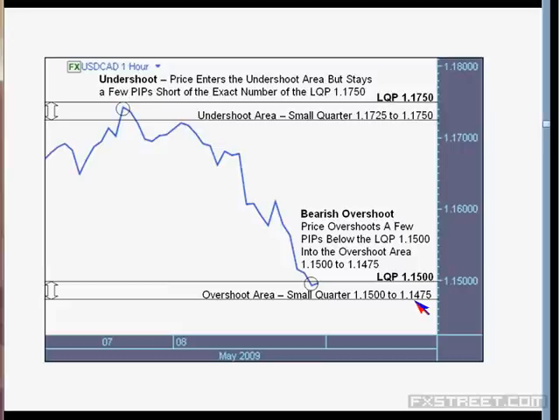Well, this is one of those rules that I created with my quarters theory: if prices surpass the targeted large quarter point or support or resistance level and they overshoot it by up to 25 pips, I still do not consider that a decisive breakout.